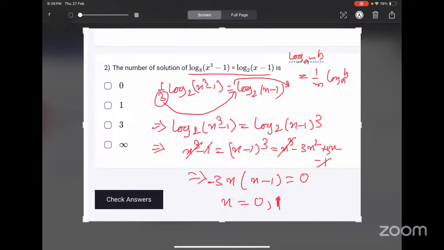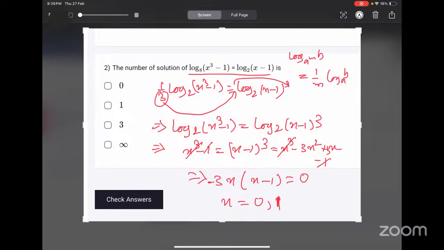Then what will be the number of solutions? x cube minus 1 will be 0, so log 0 you cannot have. So there can be only one solution, madam. Think it once again. Just check the equation first.